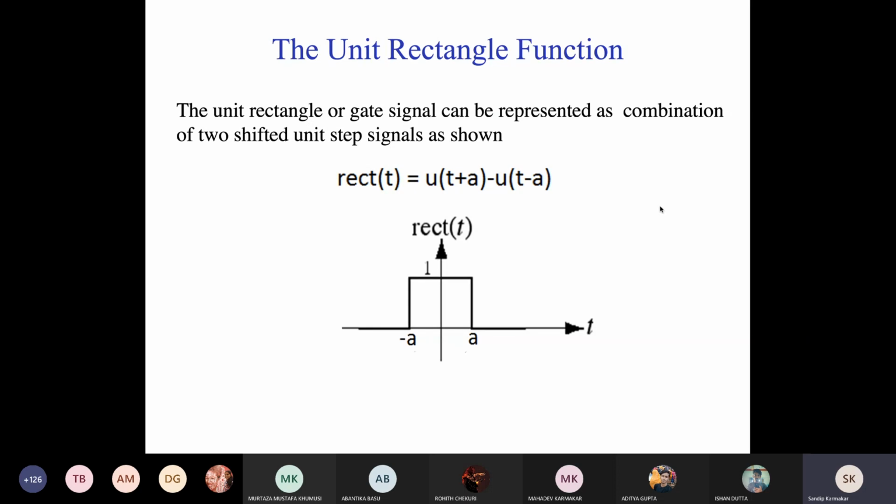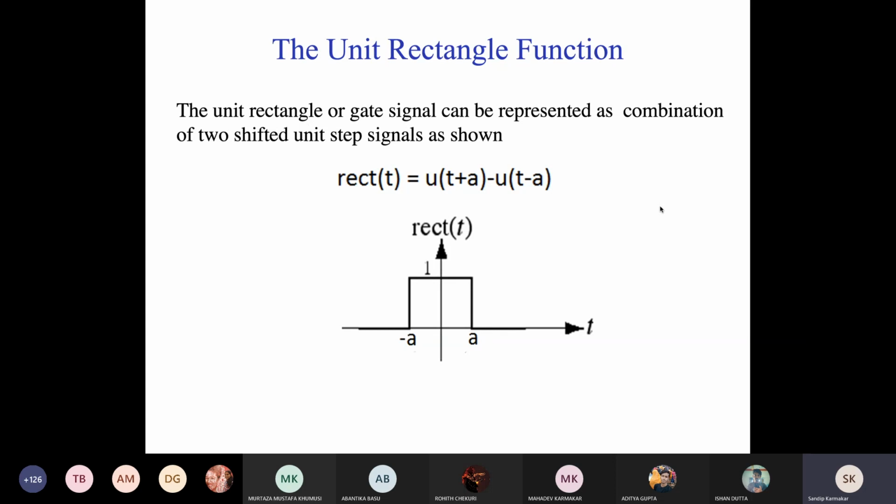Unit rectangle function. The unit rectangle, or gate signal, can be represented as a combination of two shifted unit step signals as follows. Unit step, you remember the unit step function. The unit step function was like a staircase step, where at t equal to 0 the value is half, for t greater than 0 the value is 1, and for t less than 0 the value is 0.